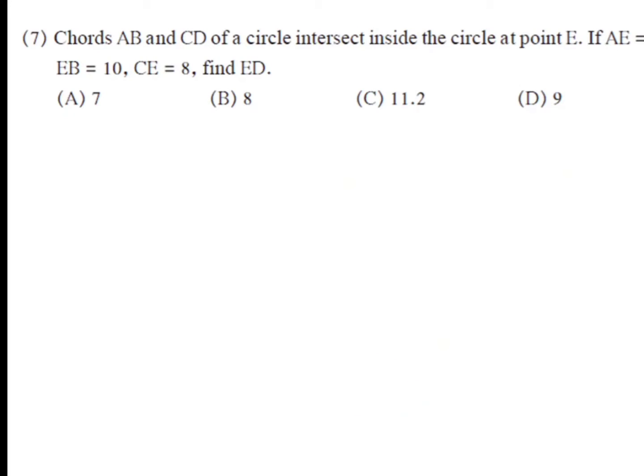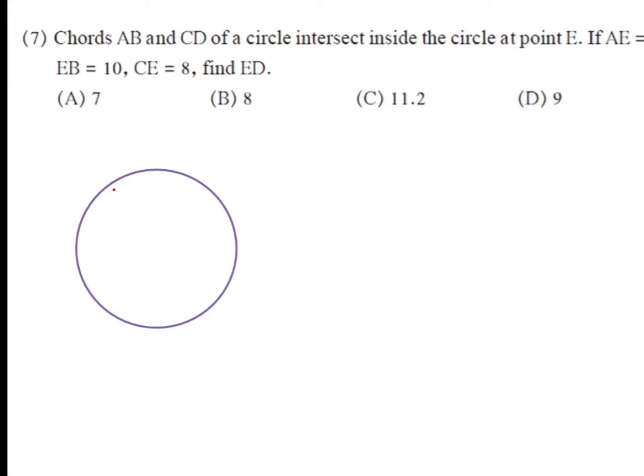The next question is: chord AB and chord CD of a circle intersect inside the circle at point E. If AE is equal to 5.6, EB is equal to 10, CE is equal to 8, find ED. So again, four options are given over here. So again, we need a diagram. So let us have this circle.